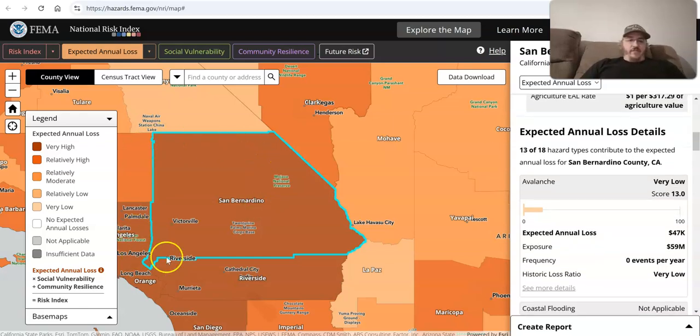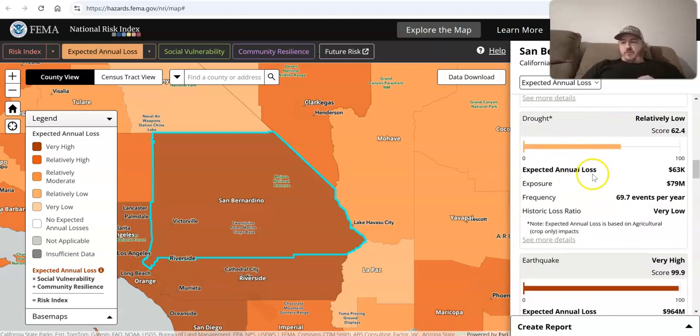Now you have to realize it's a very big county, so it doesn't necessarily apply to your area. I think this is a good tool to use to get a general idea about the area that you're looking at. Some stuff will definitely apply to the whole county, and some stuff is going to be more or less depending on your actual physical location.